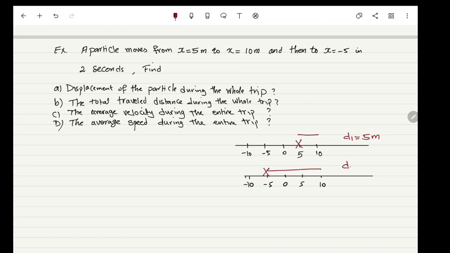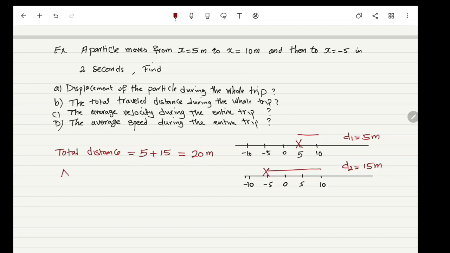So the distance here equals 15 meters. Remember, distance is a positive number. It's not negative. Now the total distance equals 5 plus 15, which equals, in this case, 20 meters.